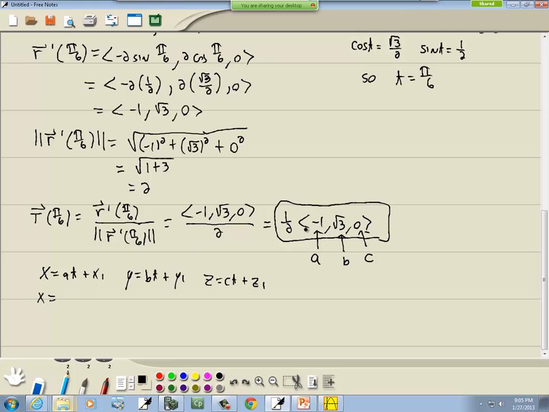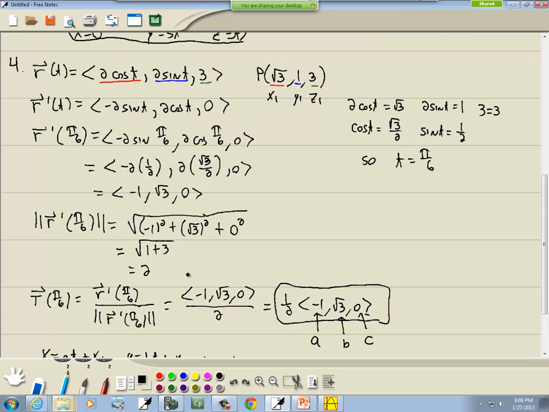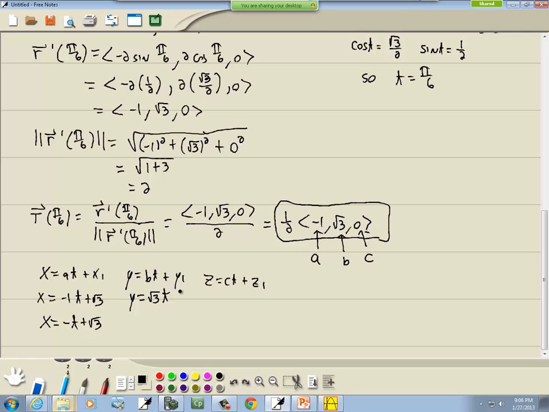So we got x is equal to negative 1t plus x1, which is square root of 3. So x is equal to negative t plus square root of 3. Y is equal to b, so square root of 3 t plus y1, which is 1.